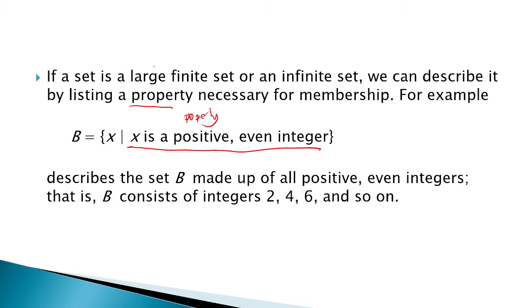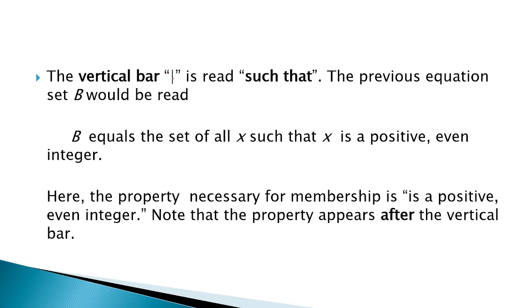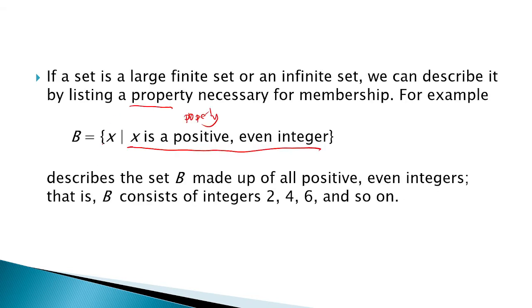Yung vertical bar, binabasa natin yan as "such that." So this is: B is a set that is equal to x such that x is a positive even integer. As long as your x is a positive even integer, it's a member of your set B. Ganun yung basa natin dyan.